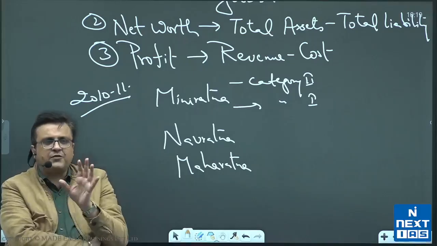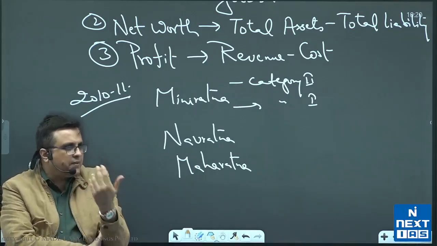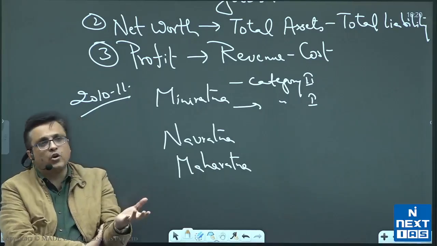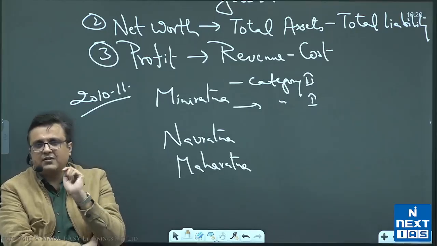I hope that clarifies. So idea is you give Mini Ratna category 2. If the company does well, they can go into Mini Ratna category 1. If they do better, they can go up to become a Navratna. All right, so you write next point, Navratna.